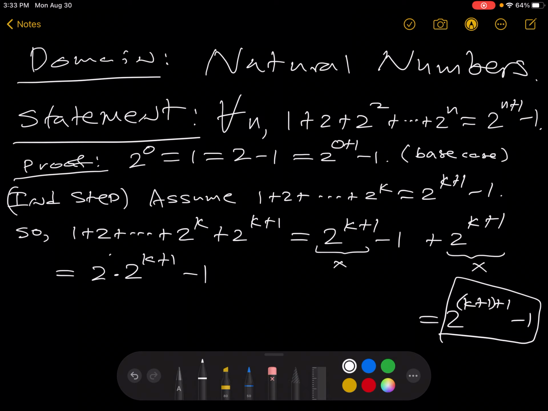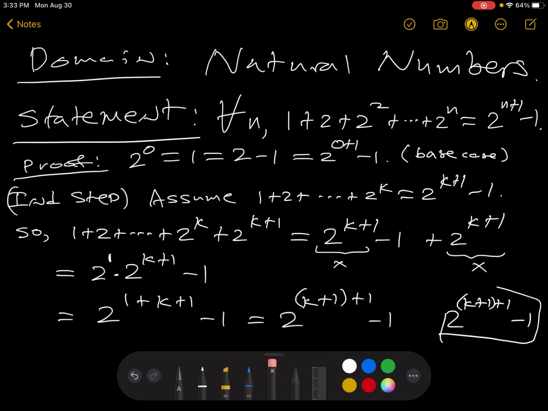And remember there's a 2 here, right? It's 2 to the 1. And when we have the same base, we add the exponents. So this is exactly 2 to the 1 plus k plus 1 minus 1. Well, that's just the same as 2 to the k plus 1 plus 1 minus 1, which is where we wanted to get to.